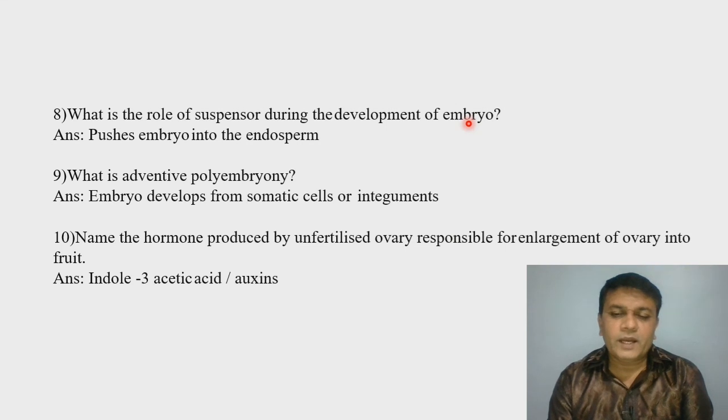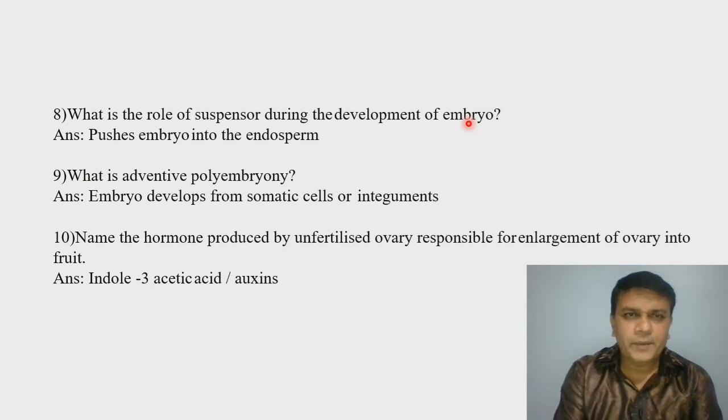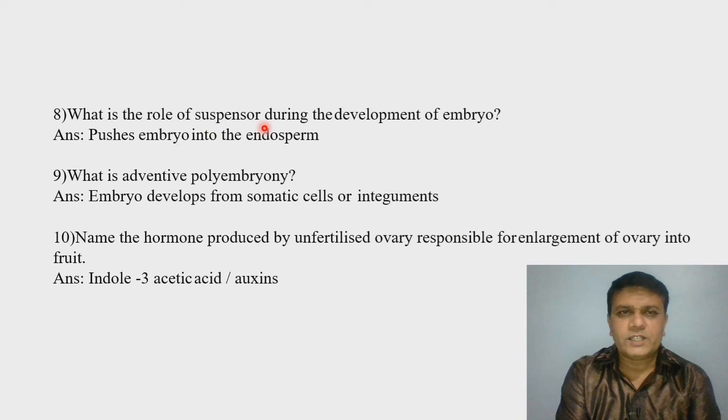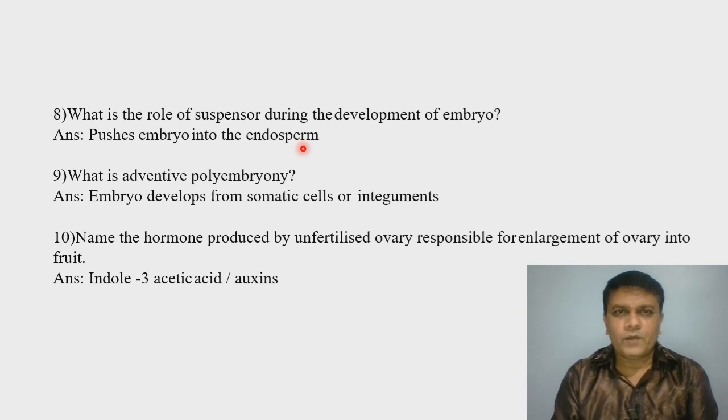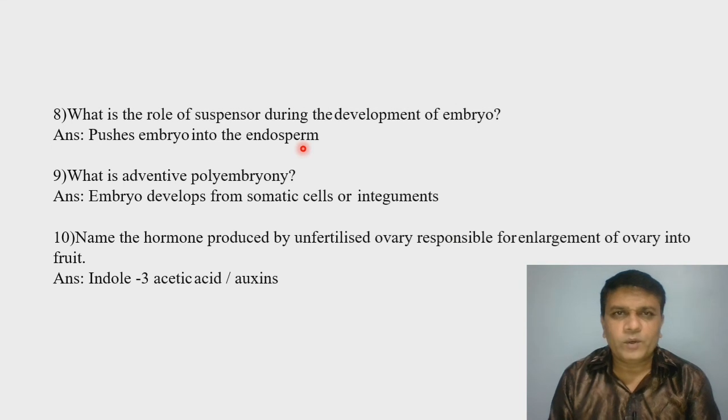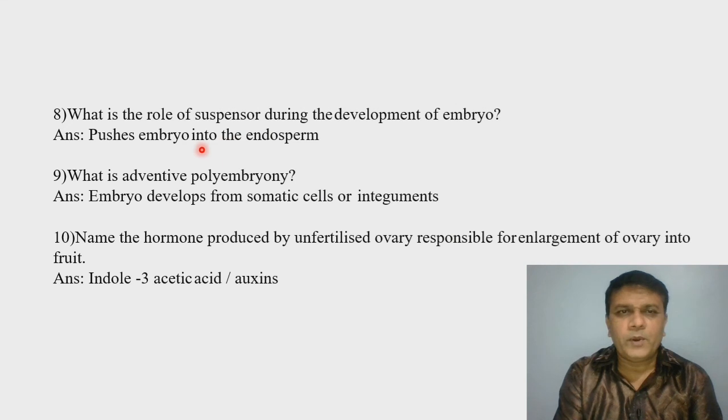So the larger cell, that is suspensor cell, will undergo cell division and it will develop into a structure called as suspensor. So this suspensor will push the embryo into the nutritive tissue, that is endosperm, which is produced from triploid primary endosperm nucleus. So the role of suspensor is to push the embryo into the endosperm.